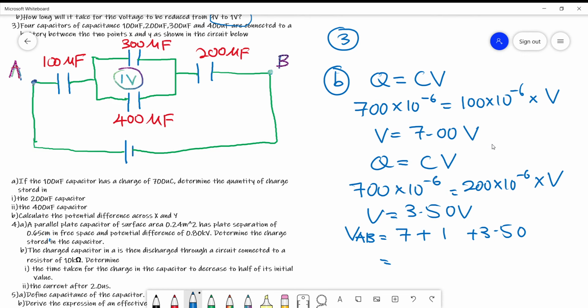Adding up all the three potential differences, what I get is 11.5 volt. So is it correct? Let me check it. Yeah, the answer is correct. Alright, so this is question number 3. Let's move on to question number 4.